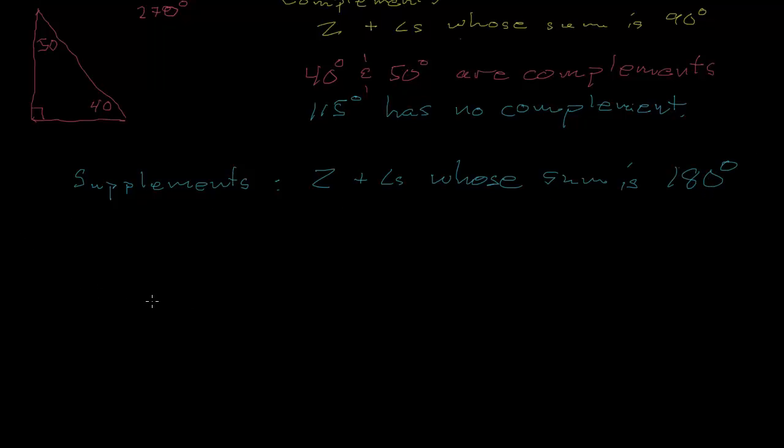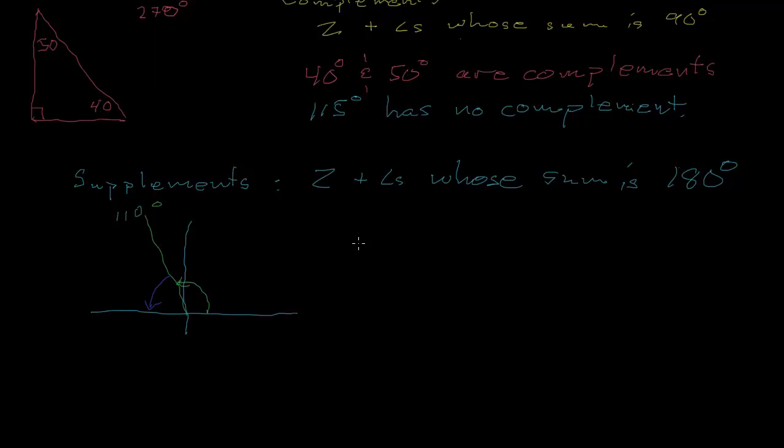And the idea here is, let's just think a little bit about it with our axes. If I've got an angle that's, say, 110, its supplement is the angle that gets us to 180, or a straight angle, and that angle would be this angle.